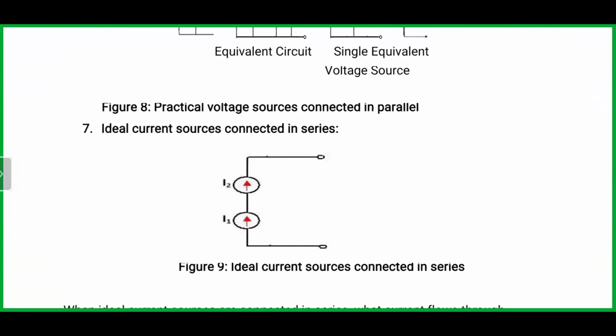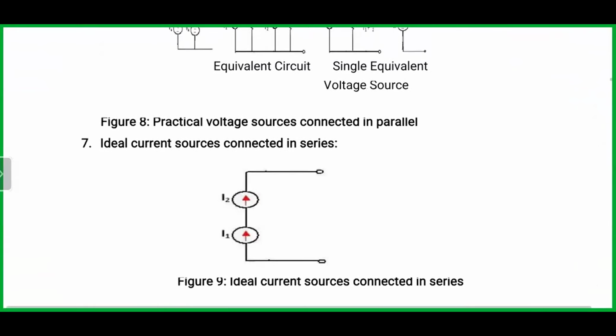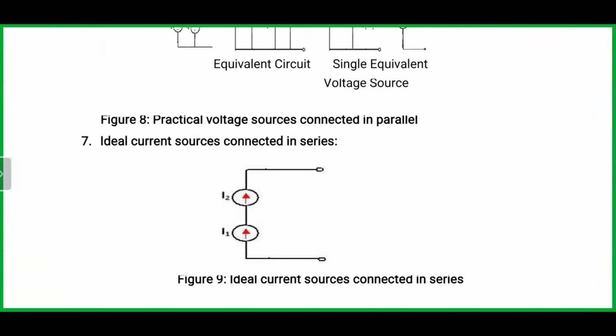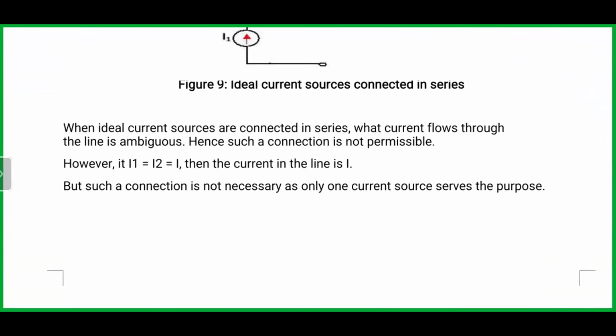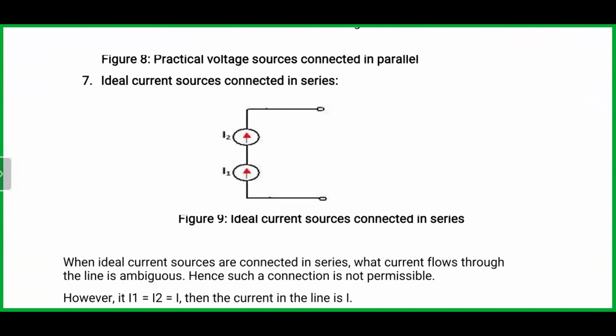And when we come to the current, it is the same. Look at this. Because they are connected in series, the current is going to be the same. You see that I1 is equal to I2. They are the same, which will be equal to the current at the terminals.